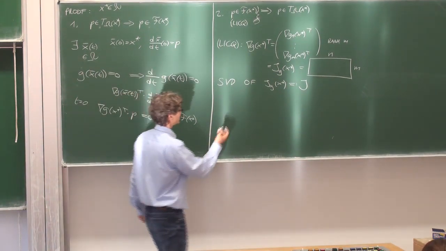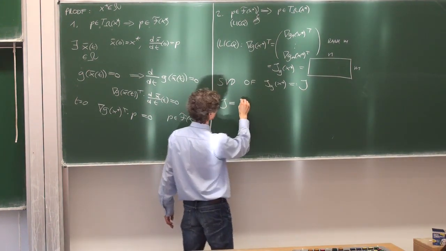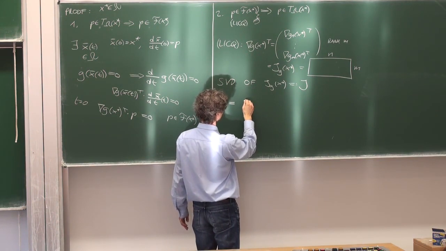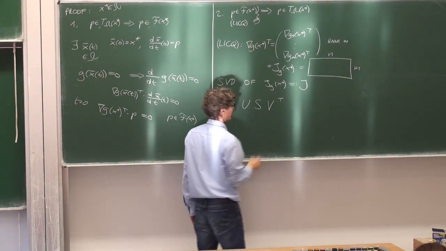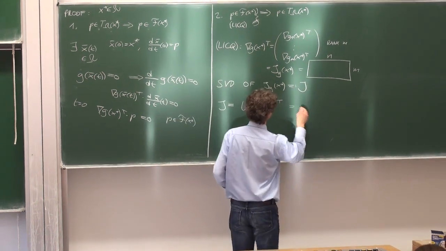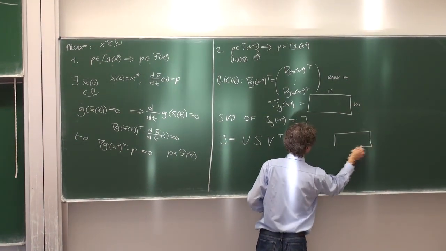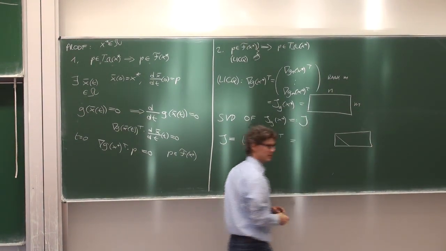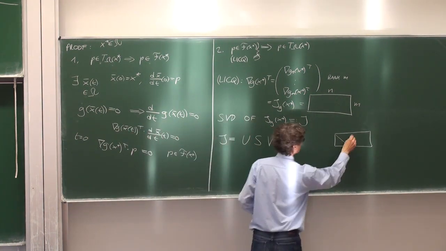So how does an SVD look? You remember J was given by a product of three matrices, where we had U, S, and V transpose. The middle matrix has the same shape as the main matrix we end with, and it has only positive, or non-negative, diagonal entries.